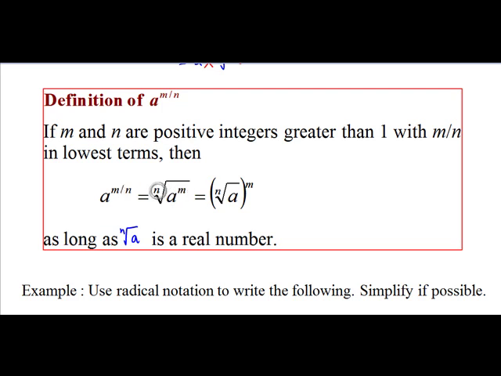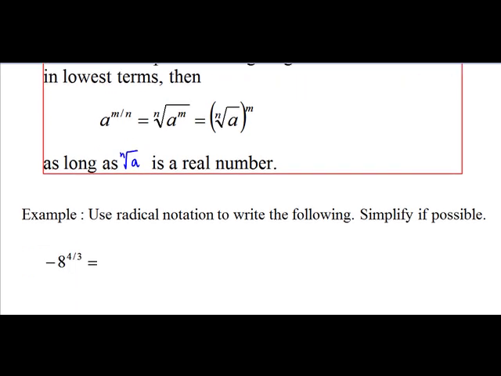So the denominator is your index and the m is inside here. Or we can rewrite it like this. Now, this last form here is easy to use and it helps a lot when you want to simplify. This one looks nice, but this one is what we use a lot when we simplify. So let me show you some examples.